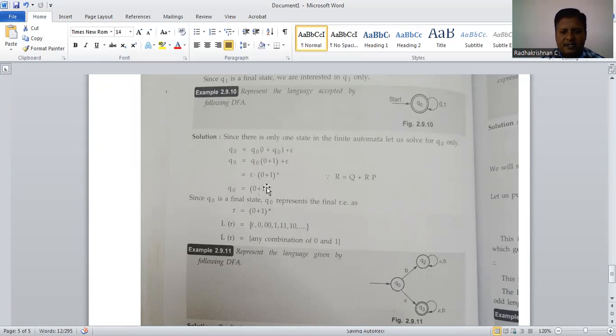Consider the general form of Arden's theorem, R equal to Q plus PR. Comparing the equation Q0 with the R equal to Q plus PR format, we get the answer Q0 equal to (0 plus 1) whole power star. This is the theorem statement we are implementing.